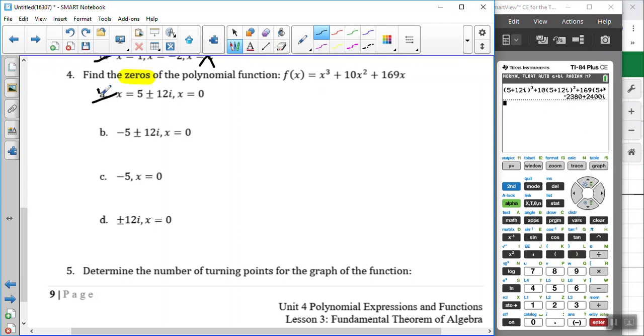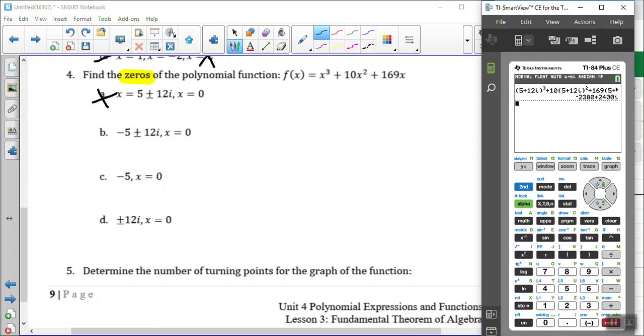Okay, so I don't like doing it this way in this calculator. I like to use the store button, which basically lets you tell the calculator what to store for x, and then it'll calculate it for you. For example, for this one, my answer choice here is negative 5 plus 12i. Let me clear all this out.